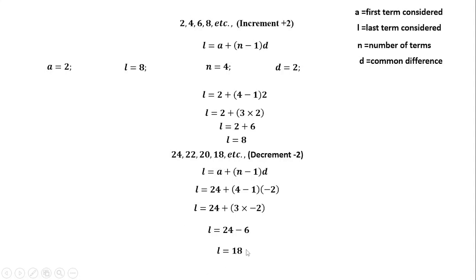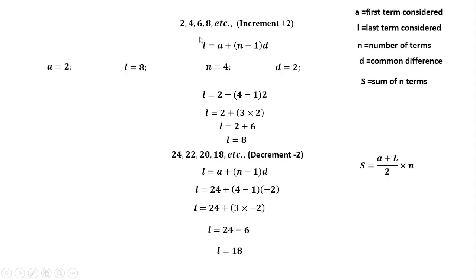I got 18. So what is the sum of 2, 4, 6, 8? Is there any formula? Yes, available. If I have the sequence, yes, I can find the sum of the available sequence also.